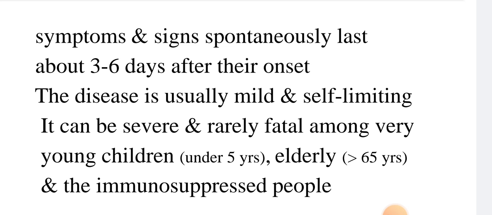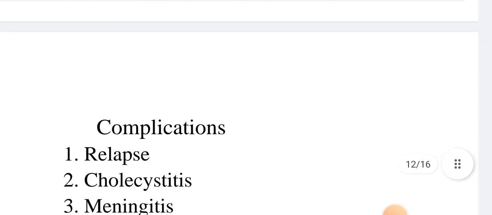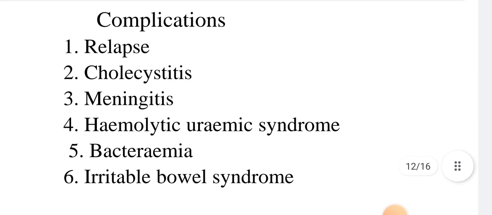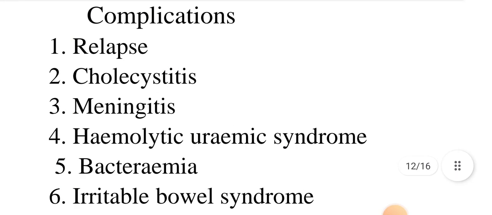But the disease can be severe and rarely fatal among very young children under 5 years of age, elderly people above 65, and immunosuppressed people. Complications: relapse, recurrence. The disease may come back again, and this is very common among the at-risk people, such as young children, elderly, and immunosuppressed.